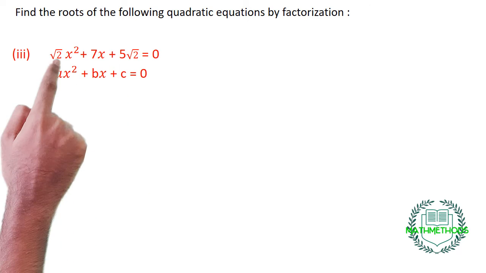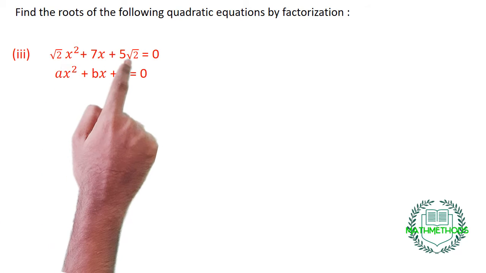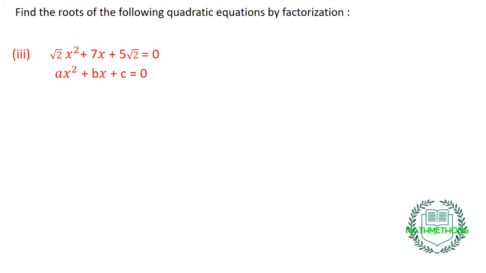Multiply root 2 by 5 root 2. Root 2 multiplied by 5 root 2, we get plus 10. Please recall, when we multiply the square root of any number by itself, we get that number.